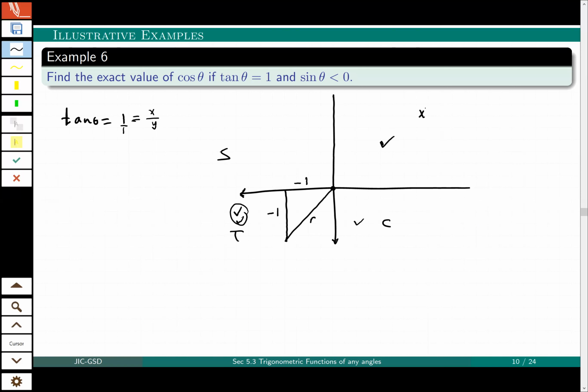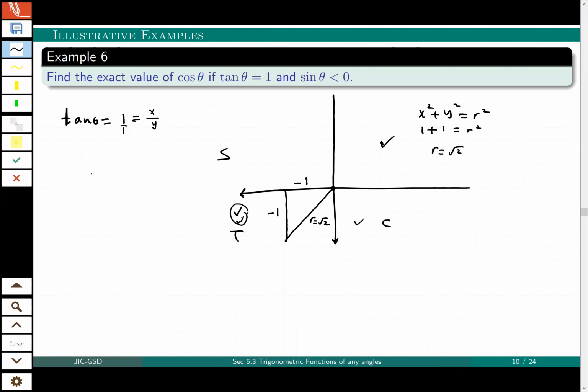Now, we need to calculate r. x squared plus y squared equal to r squared. So that will be 1 plus 1 is equal to r squared. r is always positive, so r will be square root of 2. Now, what does he want? Cosine theta.